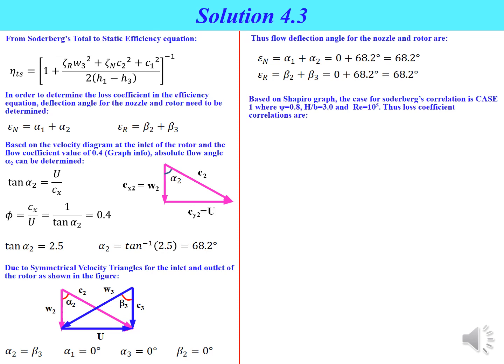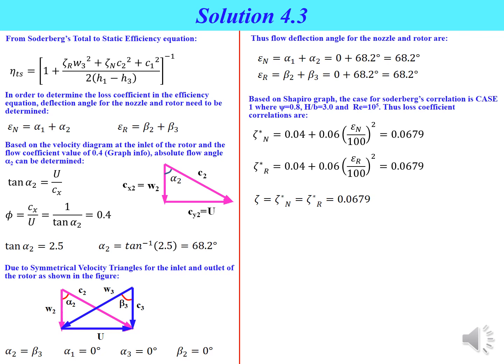Thus, loss coefficient correlations that need to be used are zeta n star equal to 0.04 plus 0.06 multiplied by deflection angle for nozzle divided by 100, power of 2, equal to 0.0679, and for zeta r star equal to 0.04 plus 0.06 multiplied by deflection angle for the rotor divided by 100, power of 2, will be equal to 0.0679.